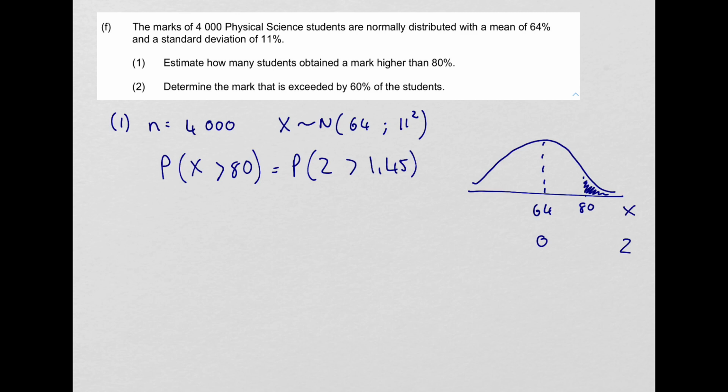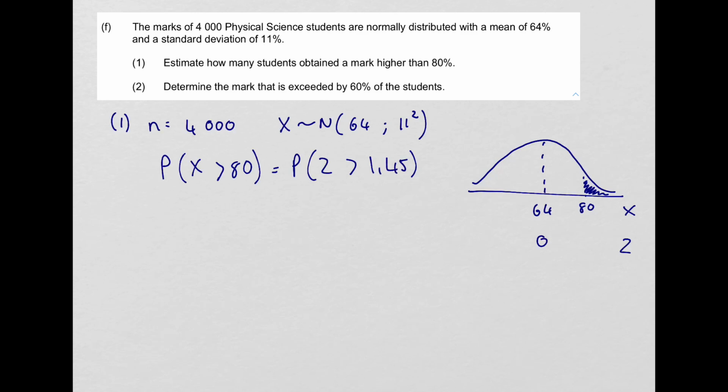All right, secondly, because of the diagram and because of where I've put the highlighted region, we've got to subtract this area from 0,5, so that we get this area here between the mean and the x value of 80.